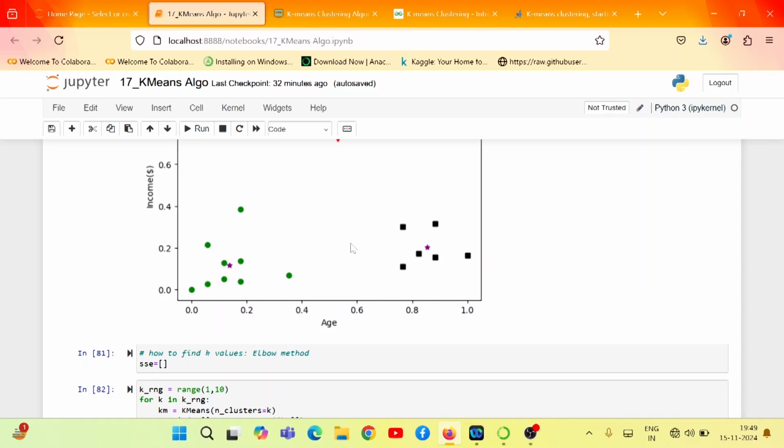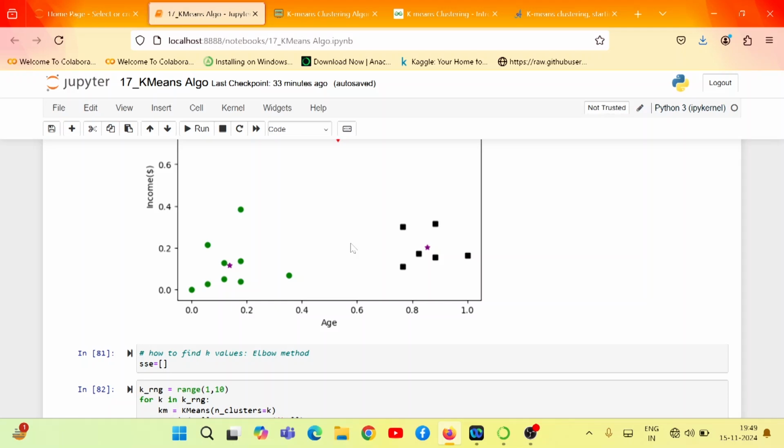Now, that is not the correct way to decide the optimum number of clusters. This visual inspection in 2D maybe we can do, but if the dimensions are more, then it is very hard to understand. So that is not the best approach, to decide the value of k by seeing the data. For knowing the k value, we have a method called the elbow technique.